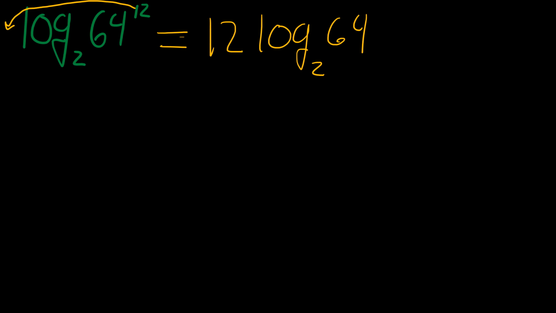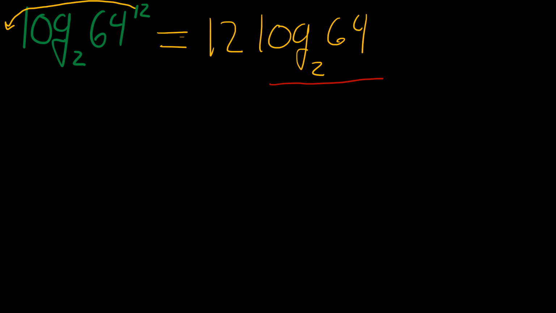So our next step is to evaluate log base 2 of 64. So this is saying 2 to what power is 64? And if we don't know, we can just multiply 2's together until we get 64.